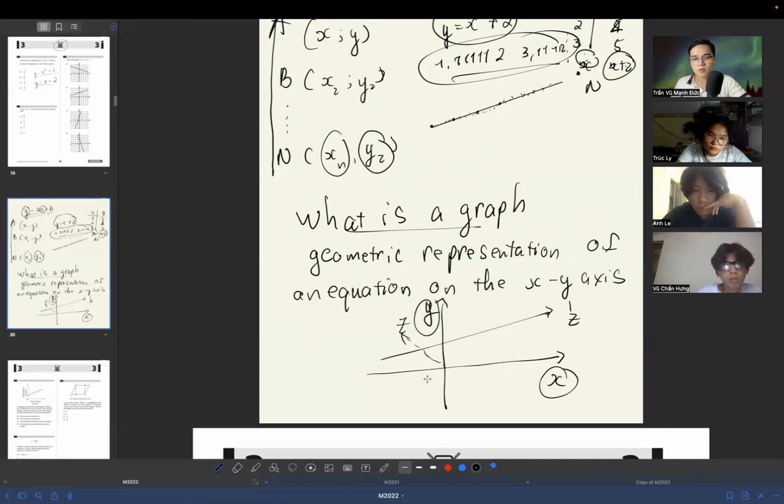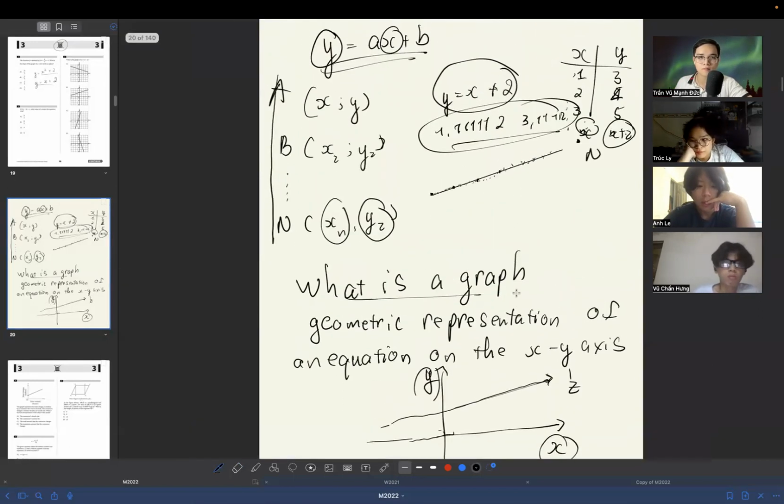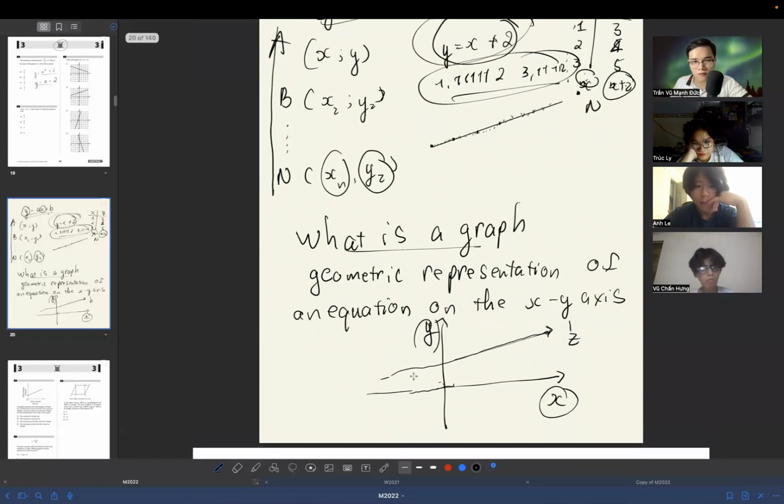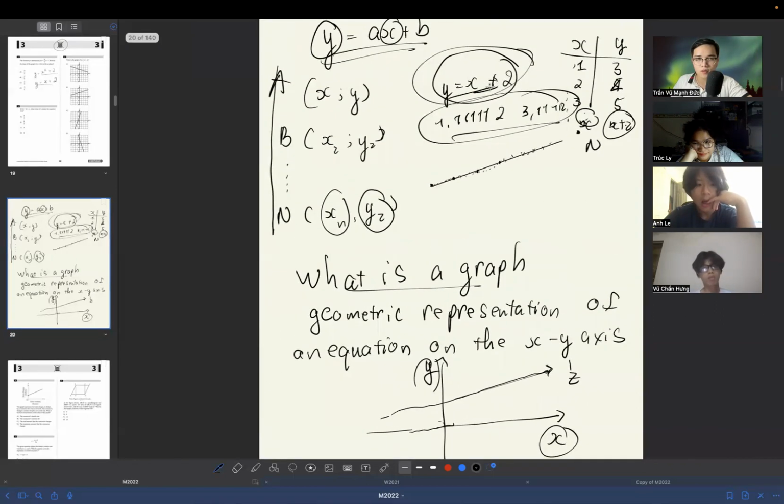But we don't need to know that because this is not within the SAT. So recap: this line is a geometric representation of an equation on the xy axis, because it satisfies this equation. This is the summation of every single dot that satisfies this equation.